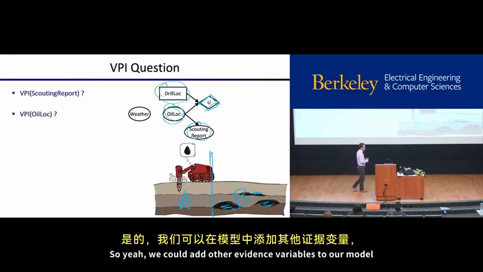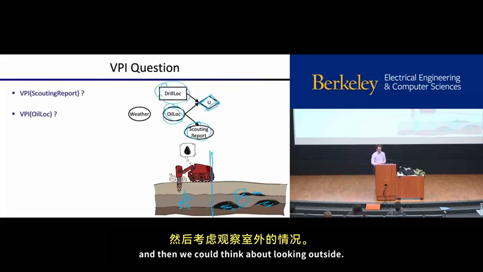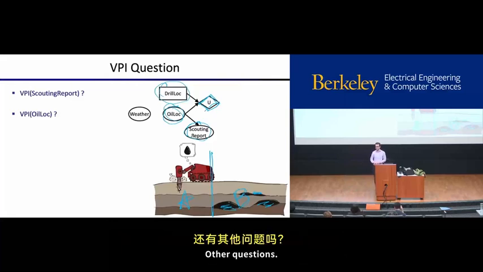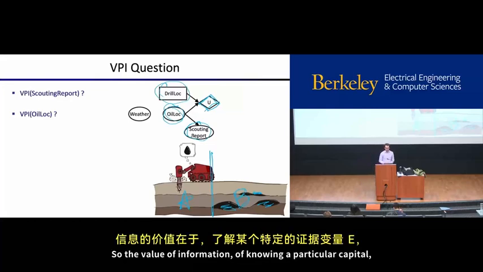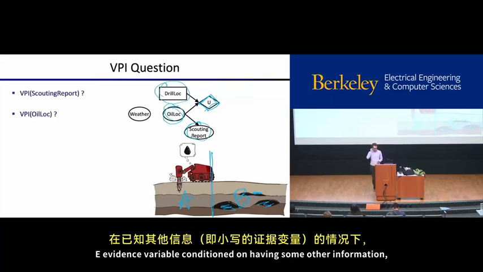And these are not necessarily the same thing. One is the scouting report. This is like getting the forecast. And one is the oil location. This is like knowing what the weather is going to be. Two different things. One is information about an observation, and one is information about the ground truth variable that is influencing our utility.